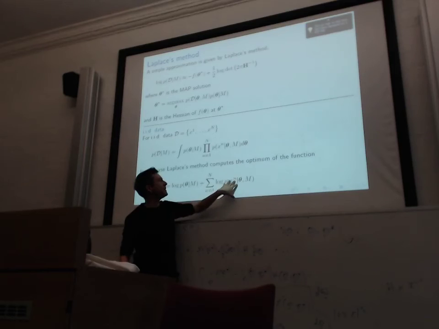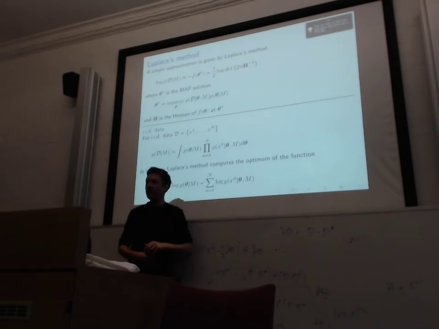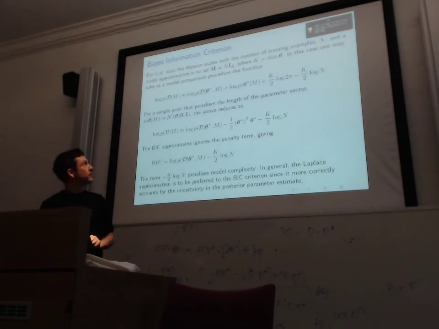And I'll approximate the Hessian of this thing by just the identity matrix.